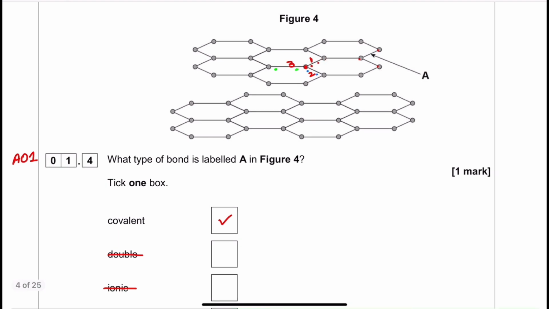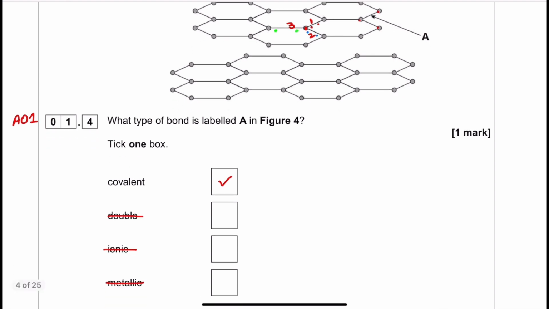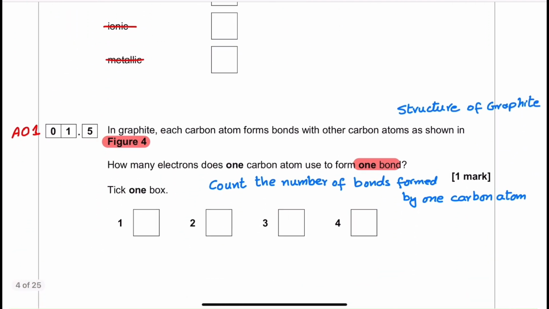Single means one carbon atom makes one bond with the other carbon atom. So each carbon atom shares one electron with the other carbon atom. So how many electrons does one carbon atom use to form one covalent bond? Each carbon atom shares one electron with the other carbon atom. The correct answer is 1.